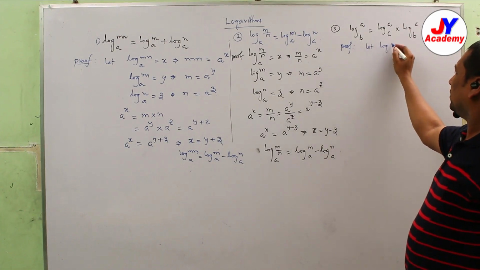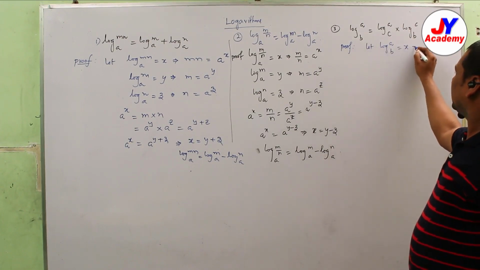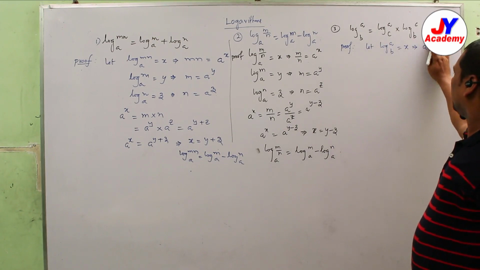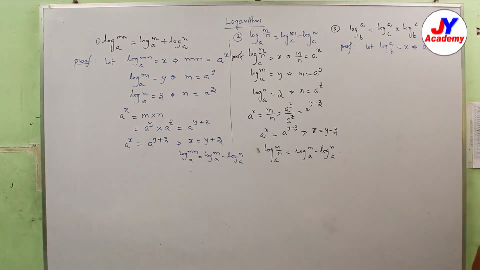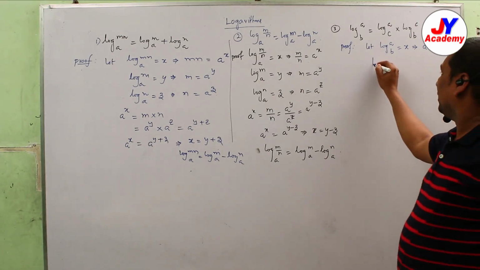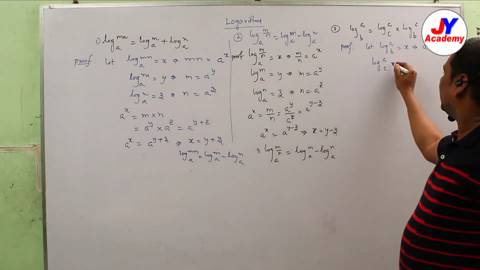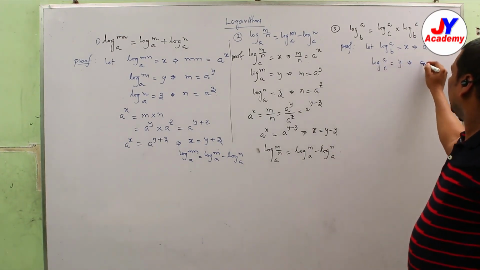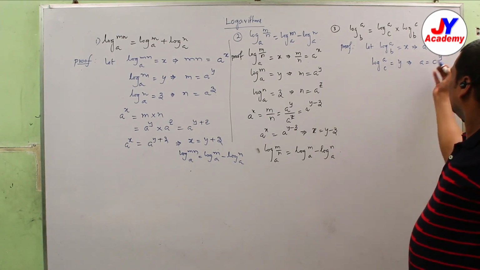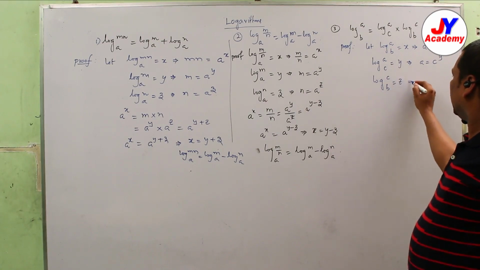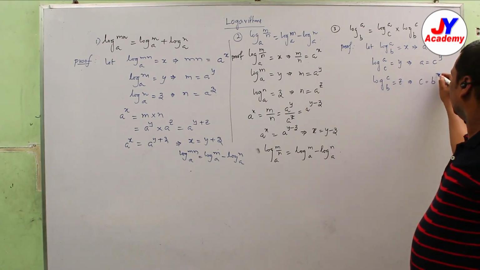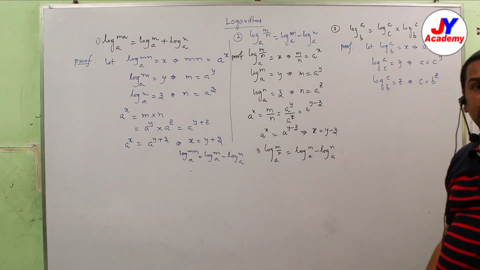Let log a base b is equal to x, its exponential form: a is equal to b to the power of x, and log a base c is equal to y, then a is equal to c to the power of y, log c base b is equal to z, then c is equal to b to the power of z.